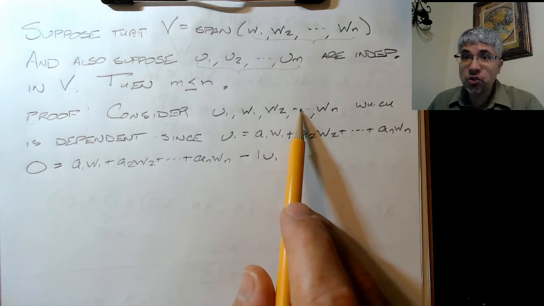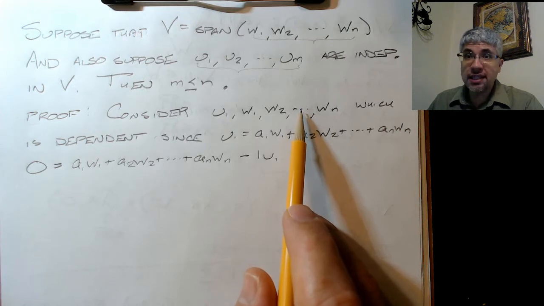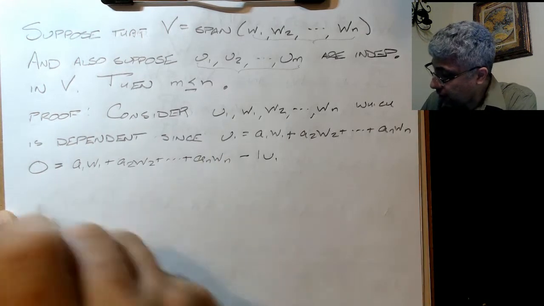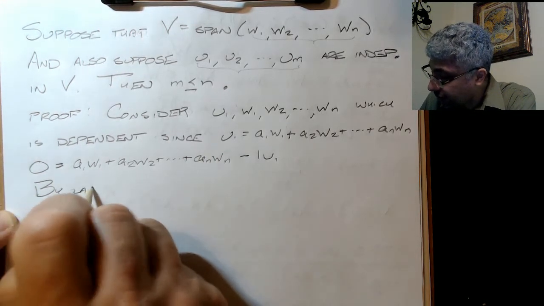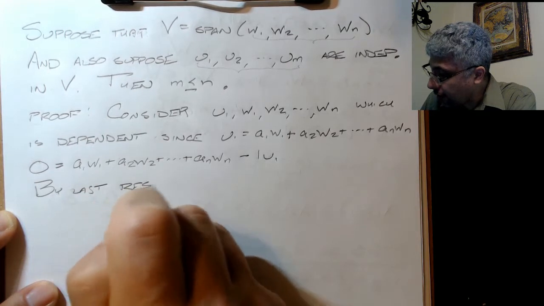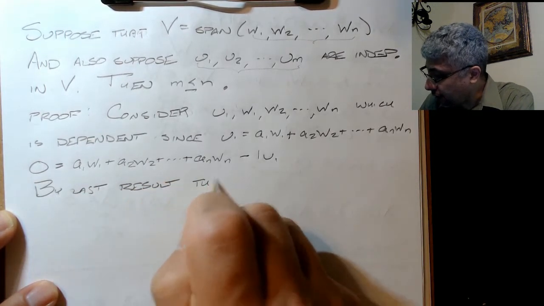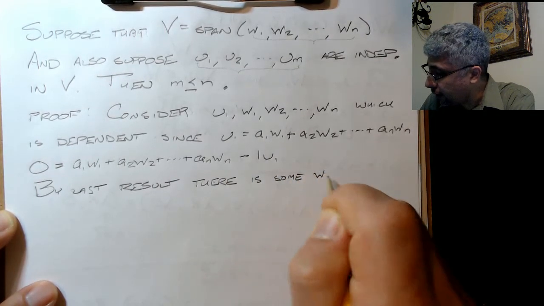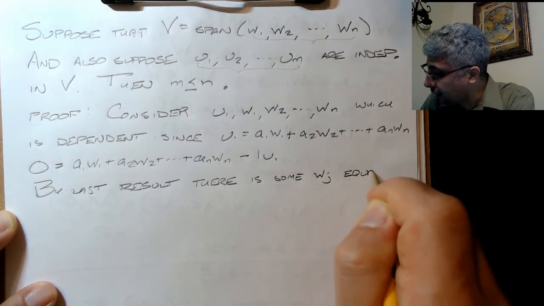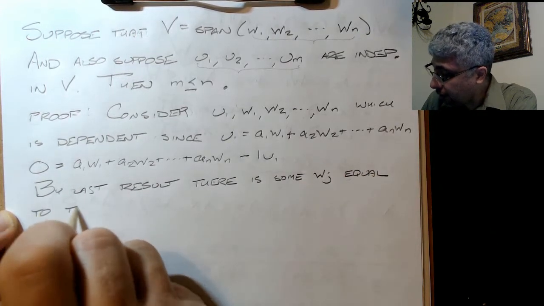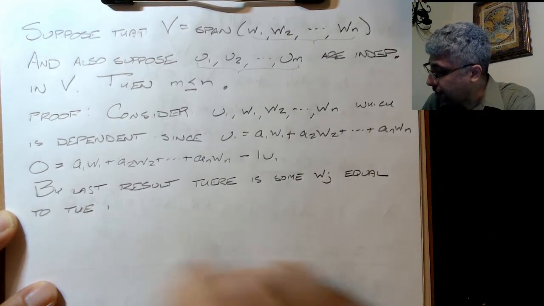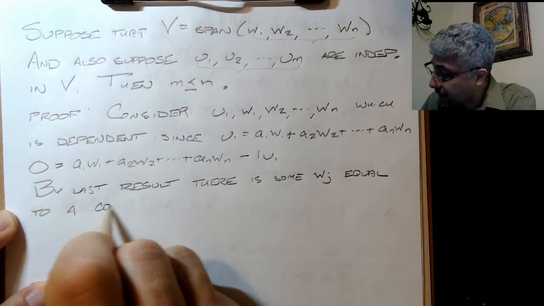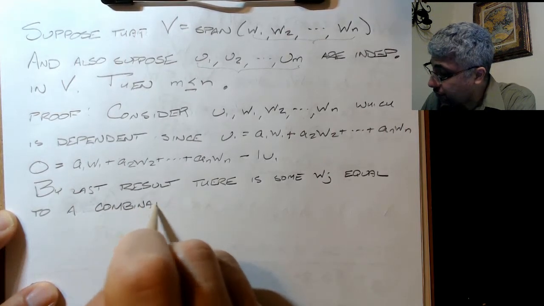So by our last result, there is some wj equal to a combination of the terms before.